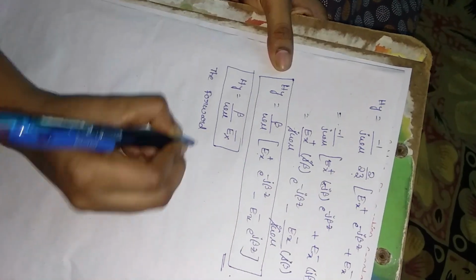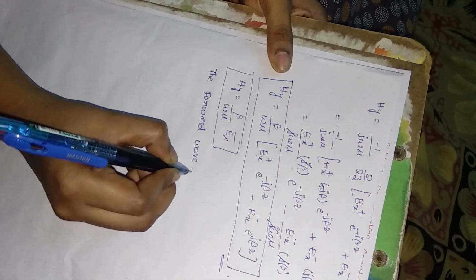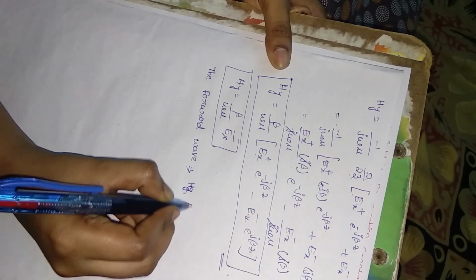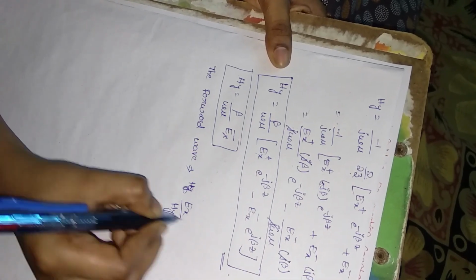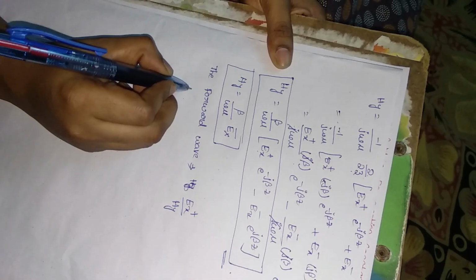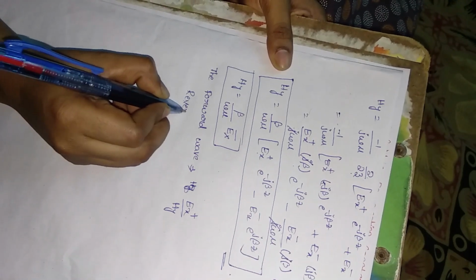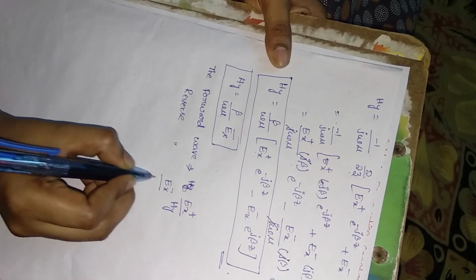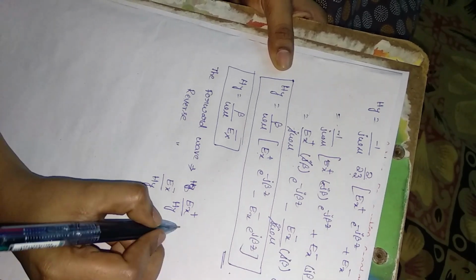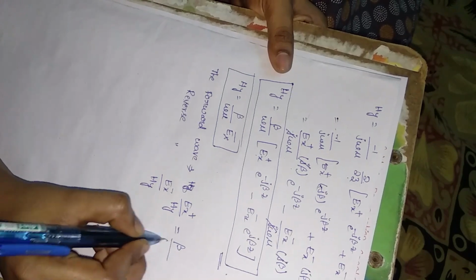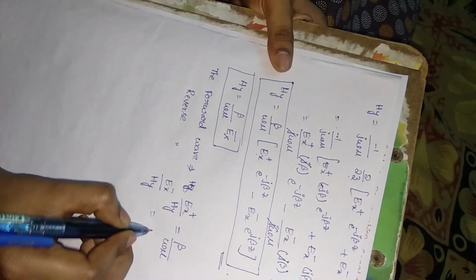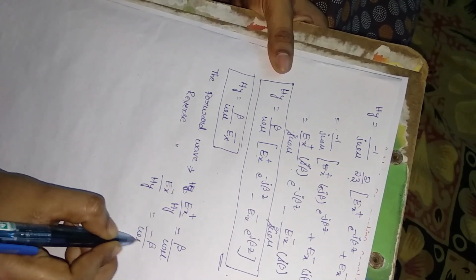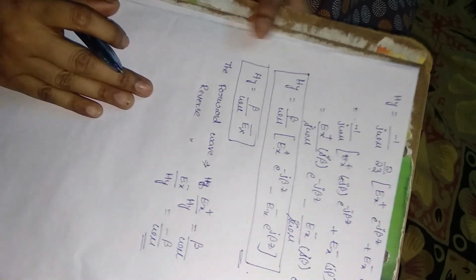From this, the magnitude of the forward wave is Ex plus divided by Hy plus, and the magnitude of the reverse wave, meaning the wave in the reverse direction, is Ex minus divided by Hy minus. The first is equal to beta divided by omega mu, and the second is equal to minus beta divided by omega mu.